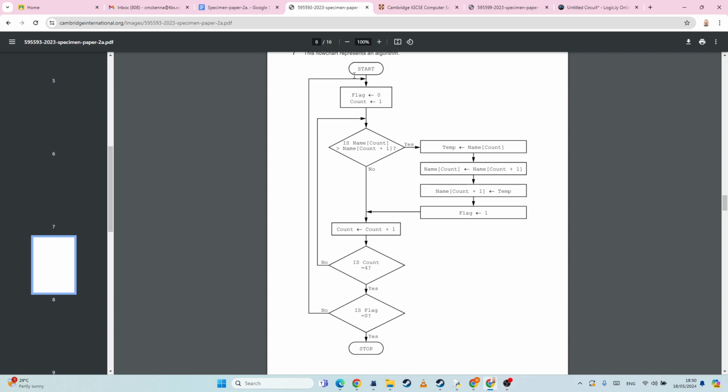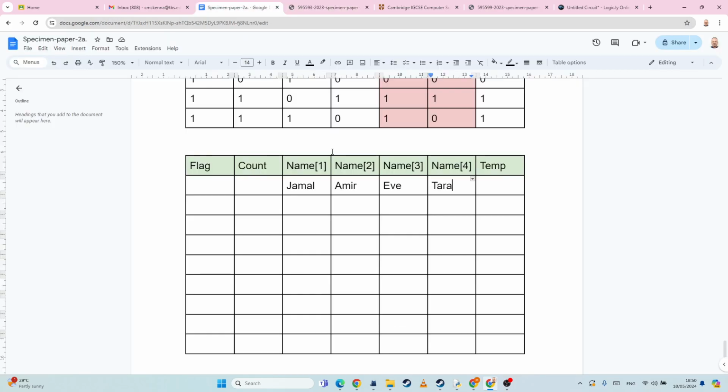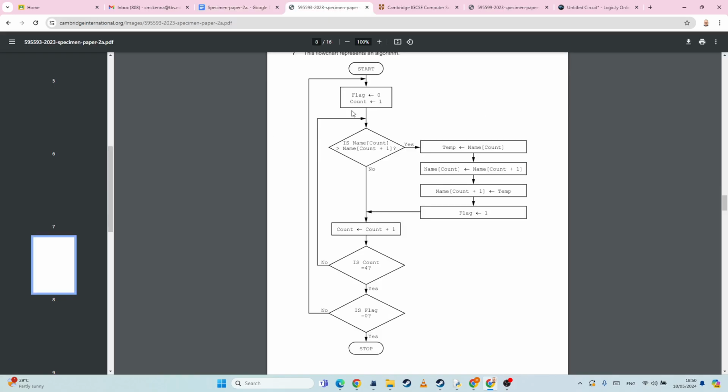So first of all, flag equals 0, count equals 1. Now, where people often get annoyed and confused about these things is they're not sure which place to put them in. So generally speaking, and again this is very generally speaking, each loop you're going to start a new line.